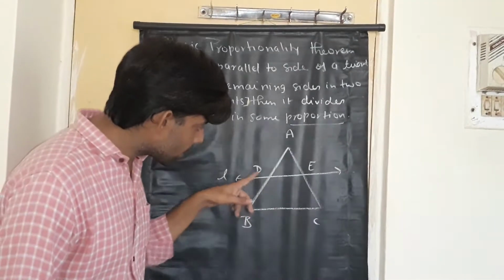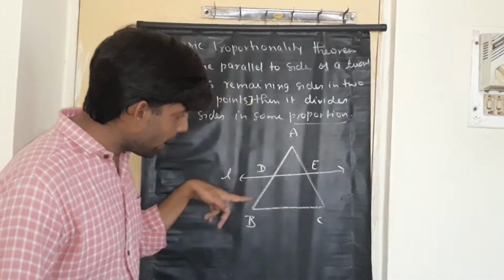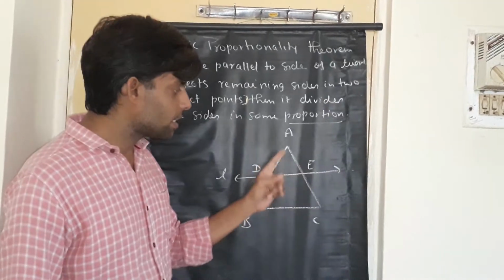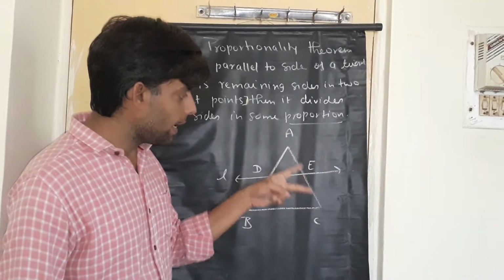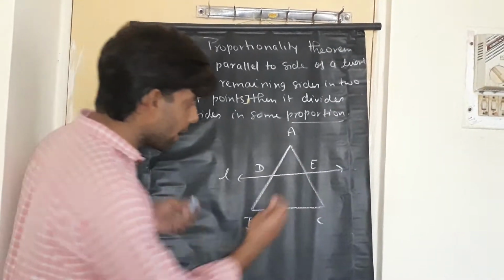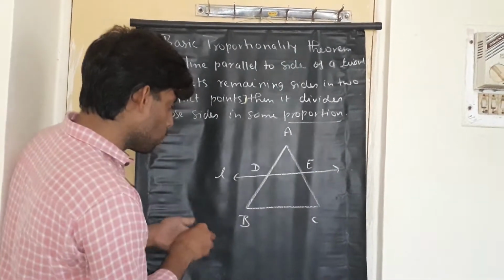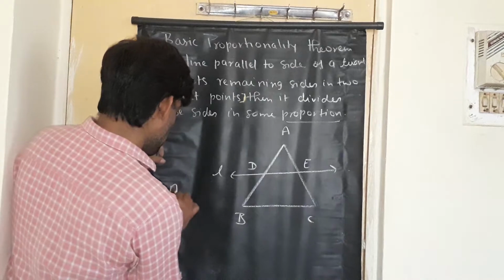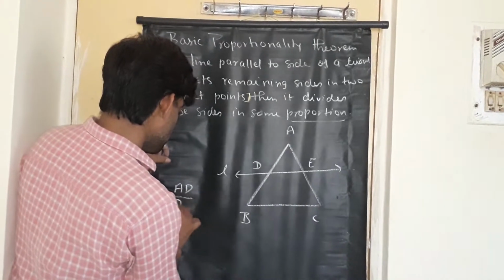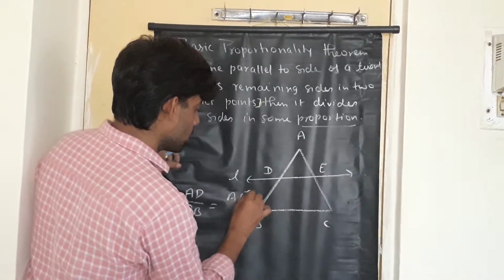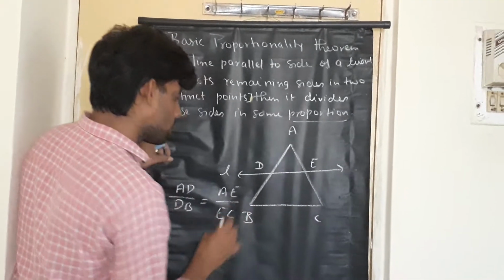So as you can see, D is dividing AB in two parts, AD and DB, and E is dividing AC in two parts, AE and EC. So if we form the ratio, we'll get the ratio AD upon DB, and the other ratio will be what? AE upon EC. So this is the meaning of the statement.